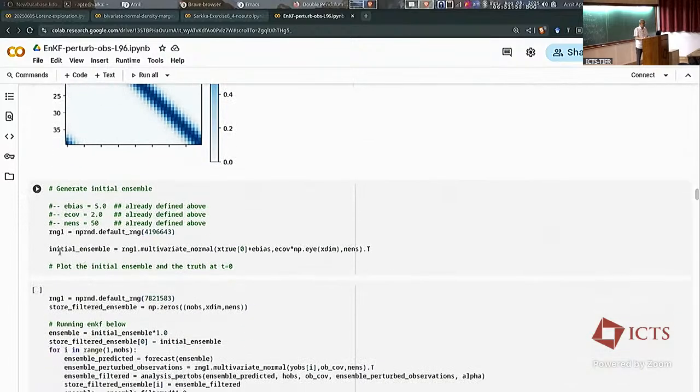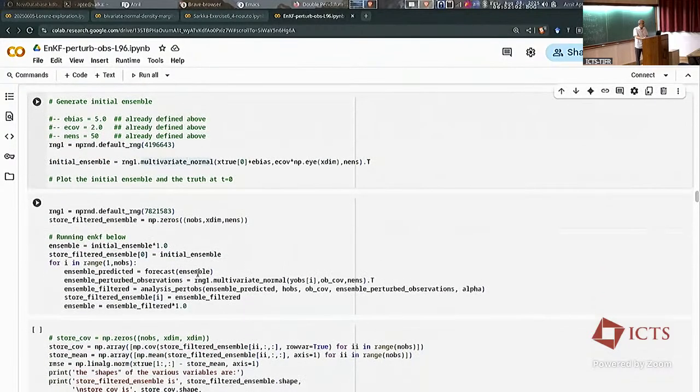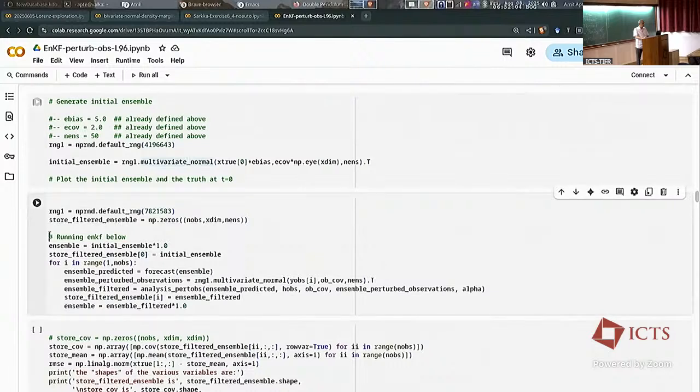This is the initial ensemble out of a multivariate normal distribution. And then the ensemble Kalman filter is forecast and analysis, forecast and analysis, in a recursive loop.